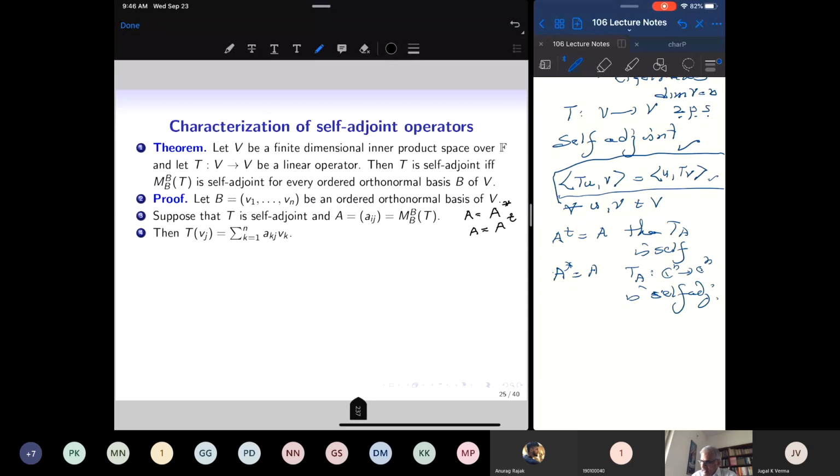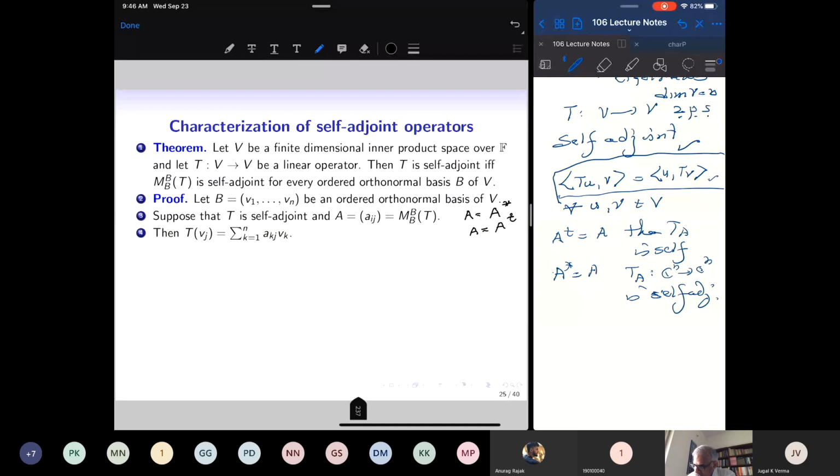Okay, so let us calculate the matrix of T with respect to this given ordered orthonormal basis. How to calculate the matrix of T with respect to a basis? Well, operate T on the basis elements, and then take the image, find out the coordinate vector of the images of the basis elements with respect to the same basis. Those are the column vectors of the matrix.